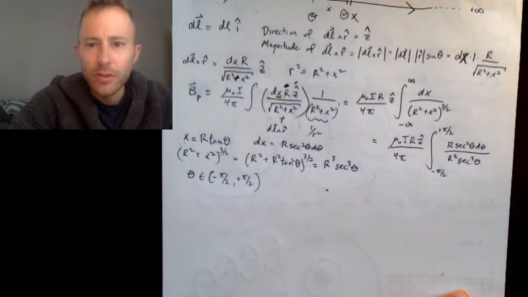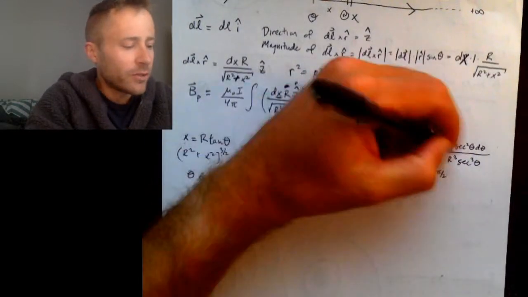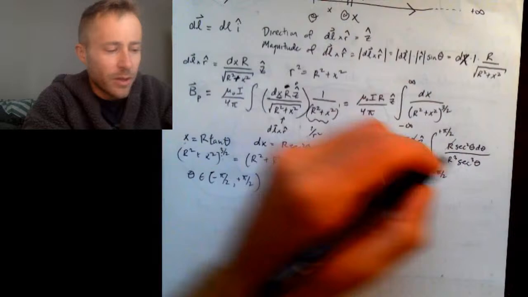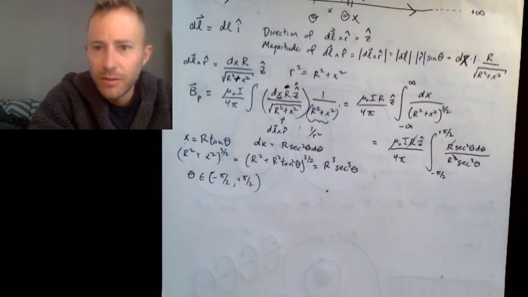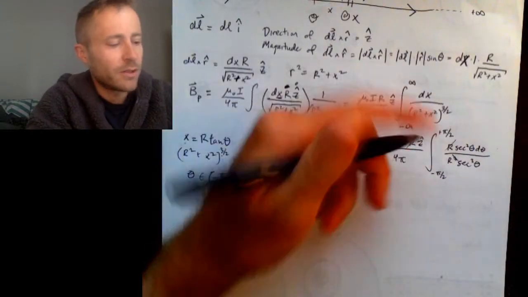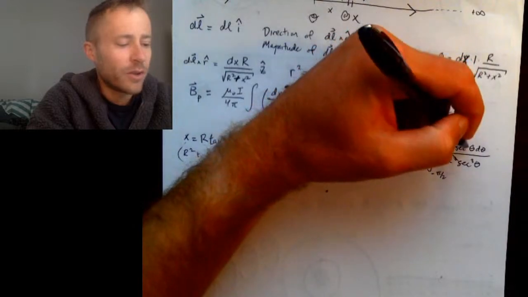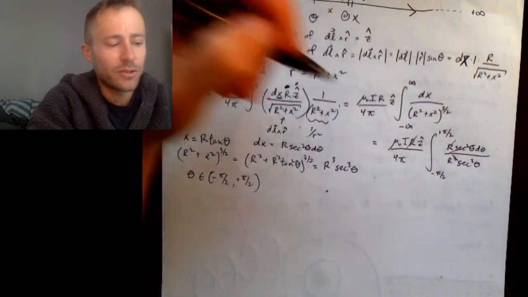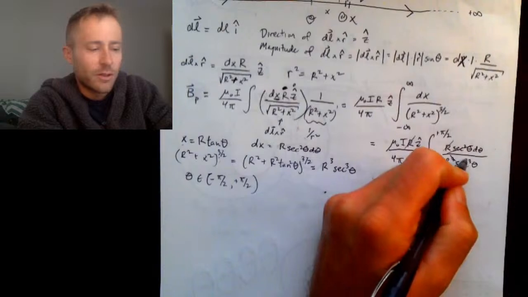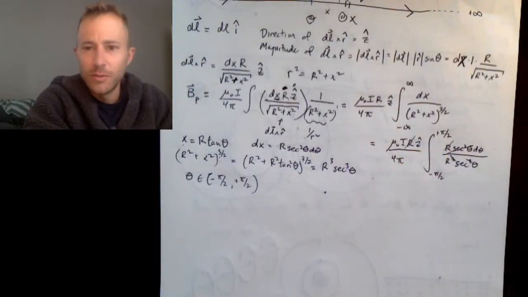And so canceling out, we have these two factors of r, and then we have three factors of r in the denominator. So we end up with one factor of r in the denominator. And then these two factors of secant cancel out two of the factors in secant cubed.